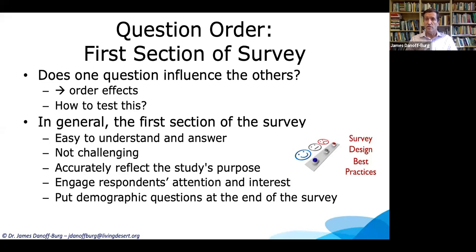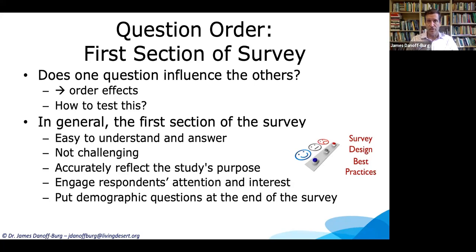So make certain that the items in your survey accurately reflect the study's purpose. And from your perspective, you want that as well, because you only have a limited number of items that you're going to include in this survey. And so if you're putting in items that are not particularly relevant to the main research question, that's the wrong practice.